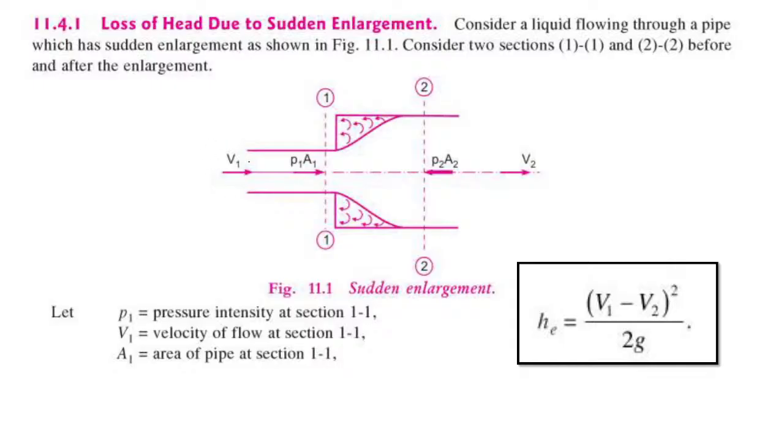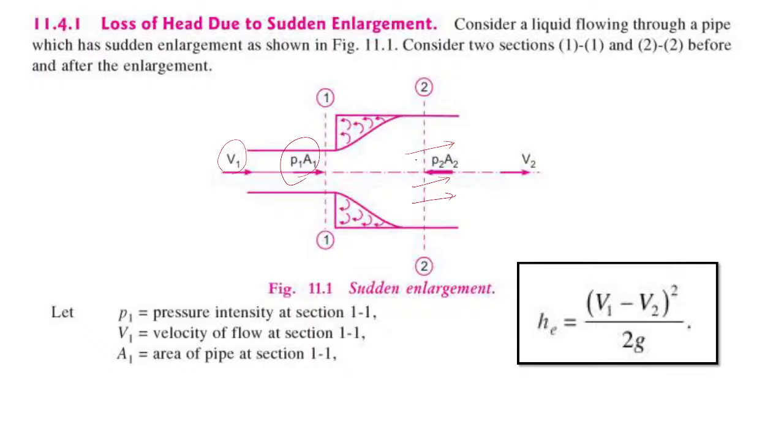The flow is entering with velocity V1, pressure P1 and area A1. A1 is the cross-sectional area of pipe 1, and P1 is the pressure intensity entering at section 1. At section 2, we have V2, P2, A2. V2 is the velocity when the fluid is leaving section 2, P2 is the pressure intensity at this cross section, and A2 is the area of this cross section. Very simple.